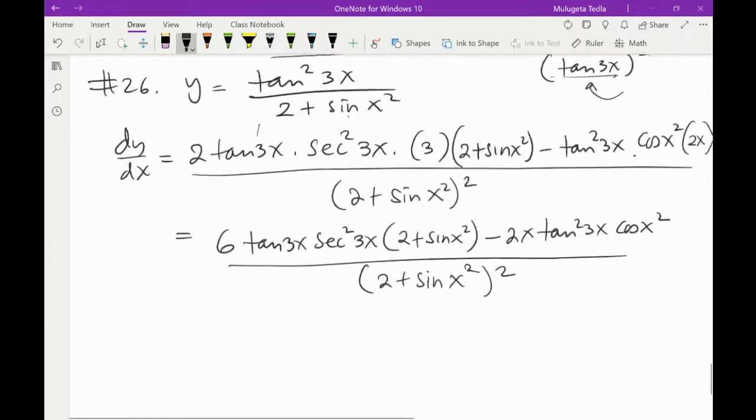I wouldn't pull out tan x or 2 tan x from the numerator because there is no cancellation possible. So I could keep it the way it is. That's the answer.